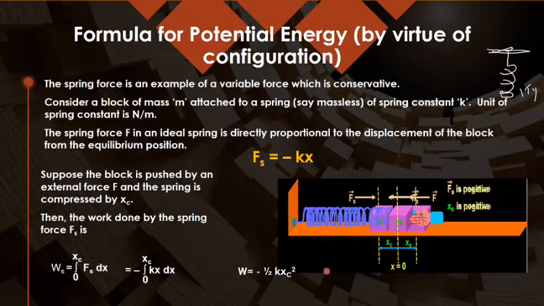So this derivation is for your elastic potential energy for a stretched spring. What energy it is possessing, you can simply calculate by having the knowledge of Hooke's law and simply by doing the integration to find the work done.